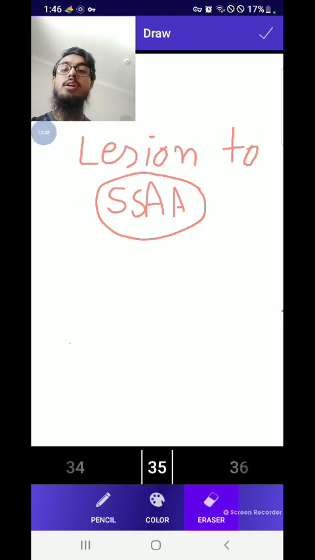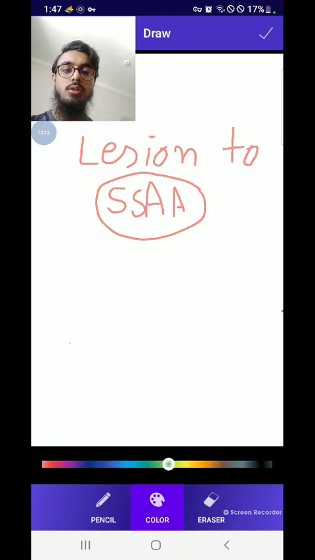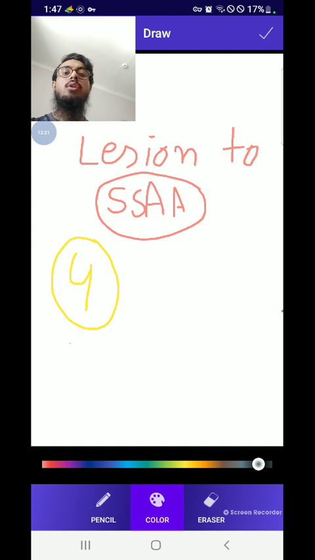Let's move towards the fourth test. What is the fourth neurophysical examination test related to the somatosensory association area? Number 4. In this type of test, the patient cannot differentiate the weight of objects in both hands.